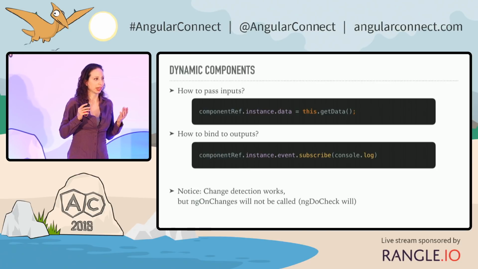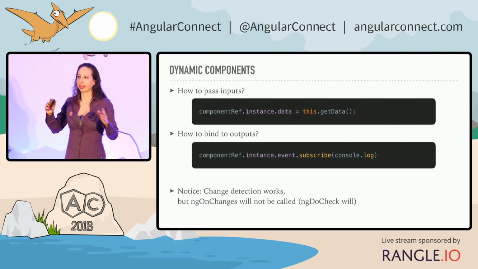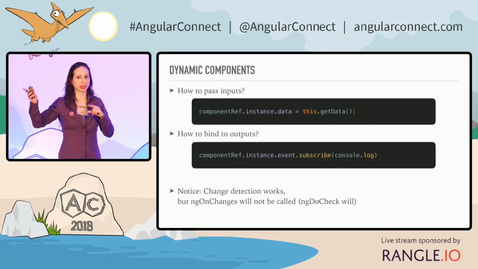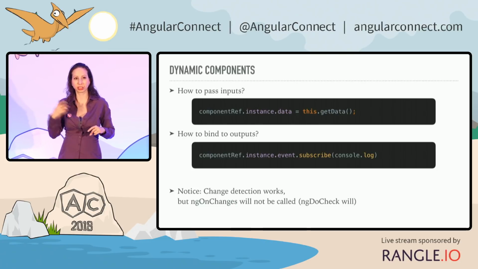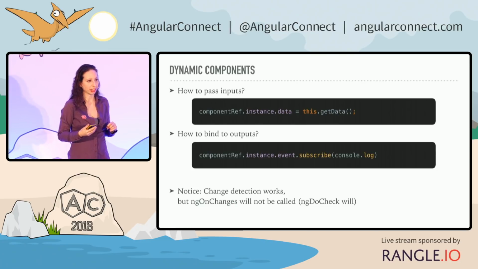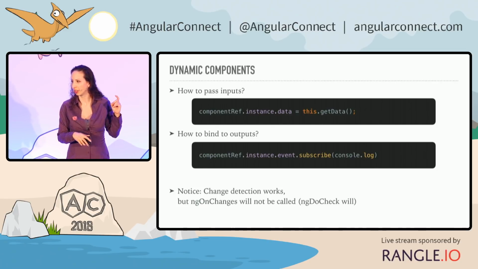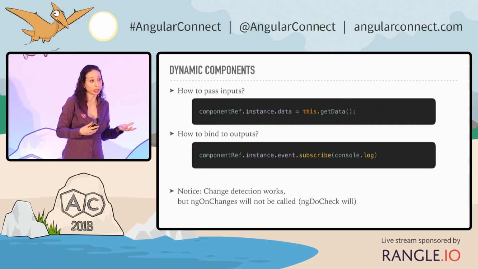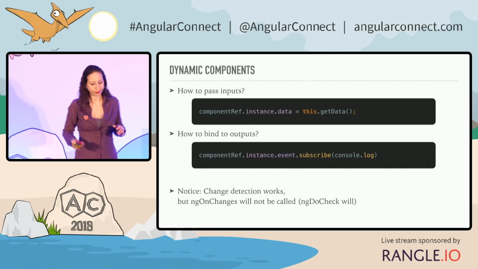But you need to know that if you're doing it this way, then ngOnChanges will not be called when these inputs change, because we're not using the input itself. Okay, but you can still use ngDoCheck. So I think you've seen a different method of wrapping it so that ngOnChanges will work, if you need it, in the previous talk.